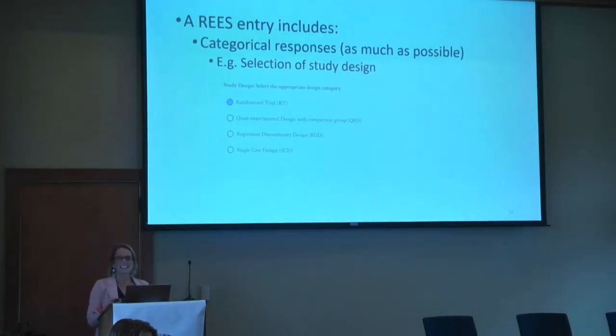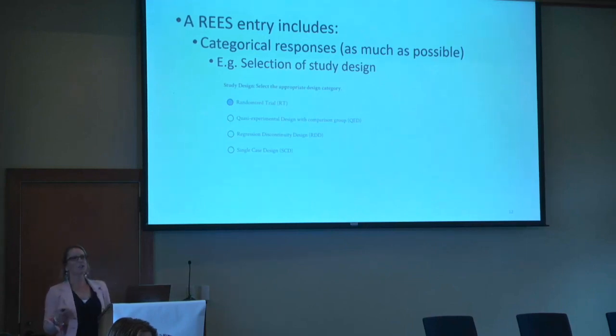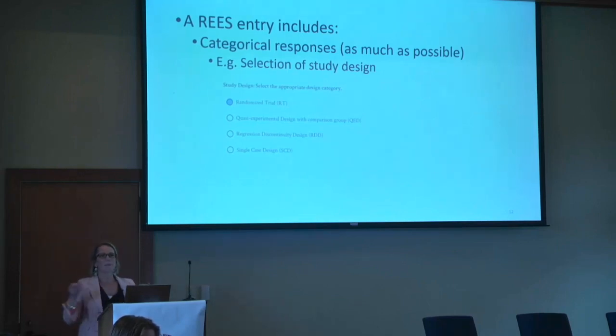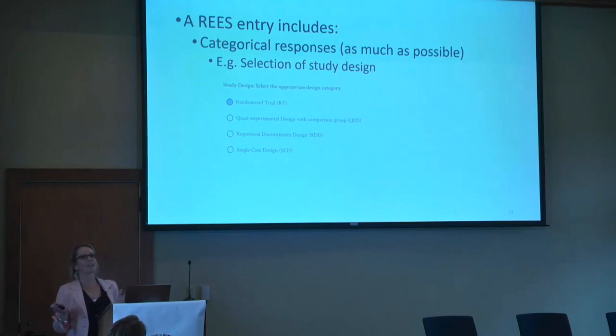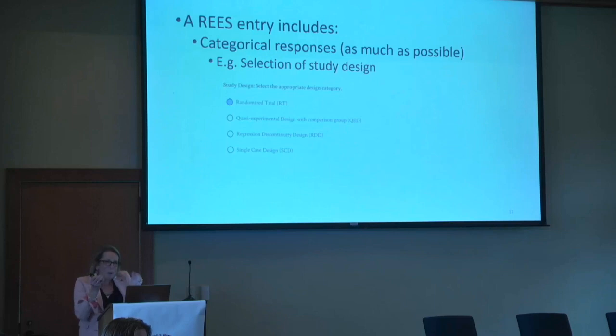One of the big reasons that we tried to use categorical responses is that in narrative form, people can talk about the same design in a very different way. And so I might say, oh, I'm doing a multi-site randomized trial. Oh, I'm doing a blocked experimental design. And in both cases, maybe folks are talking about the same thing, but it's not always immediately obvious to people. And so we really tried hard to standardize some of that language as much as we could.